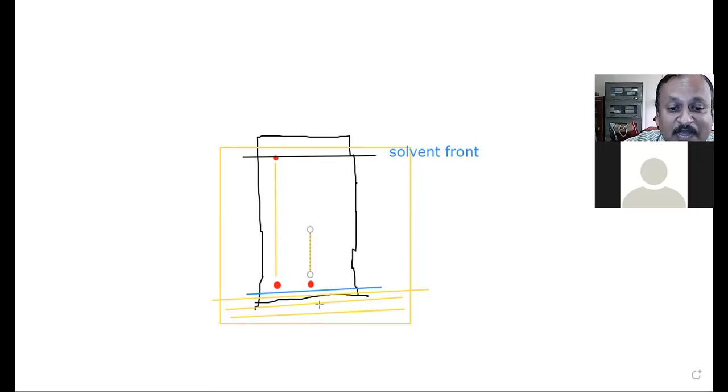The solvent system which I am using here is non-polar, and the sample components are also non-polar. So once again, the same thing will happen. Your solvent front and the spot will be together, and you don't get any separation.